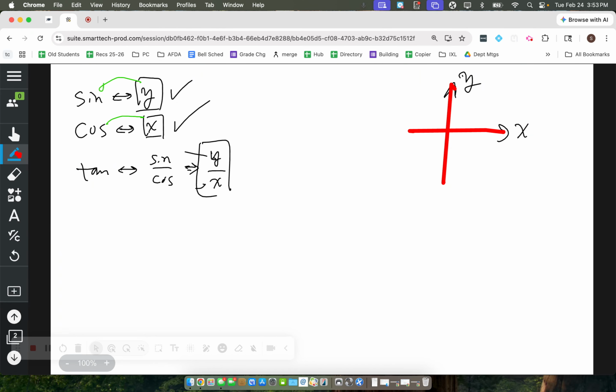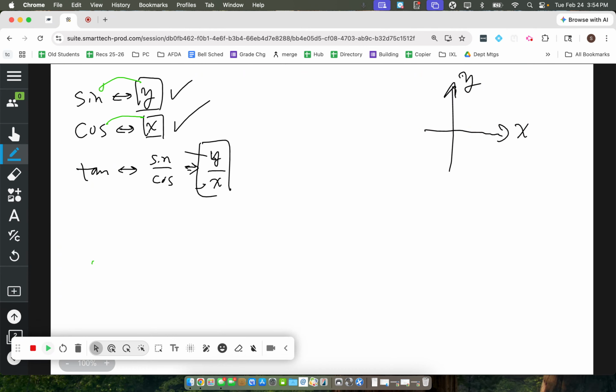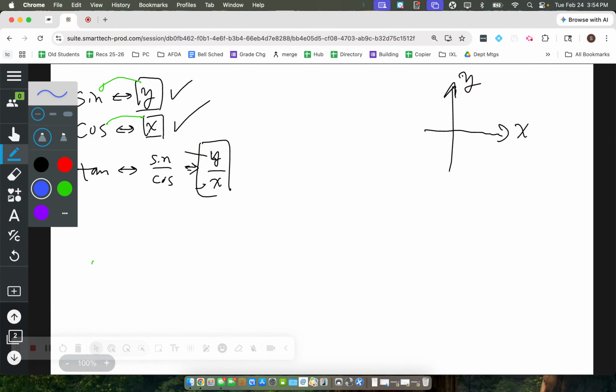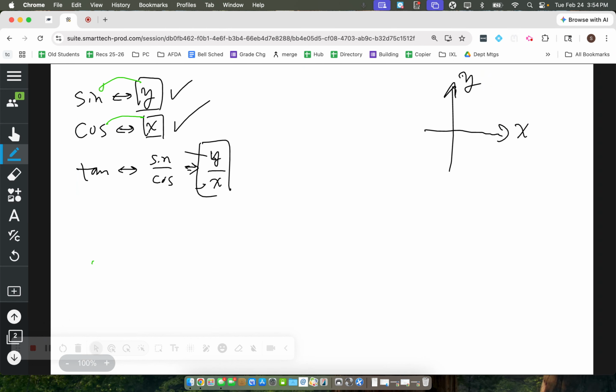So we're even going to build our reciprocal functions, which I'll do in blue, out of sine and cosine. And we're going to pause on defining them as adjacent or opposite and hypotenuse and whatnot.